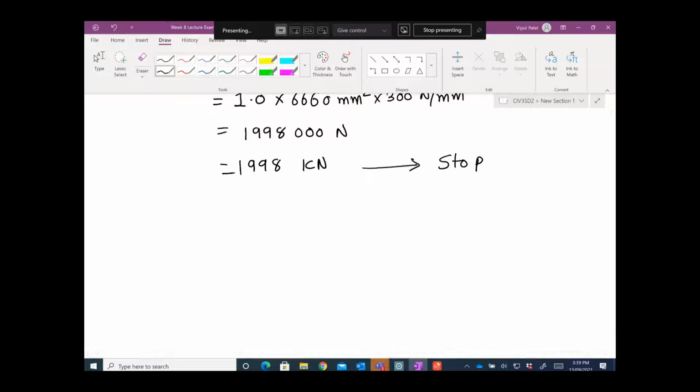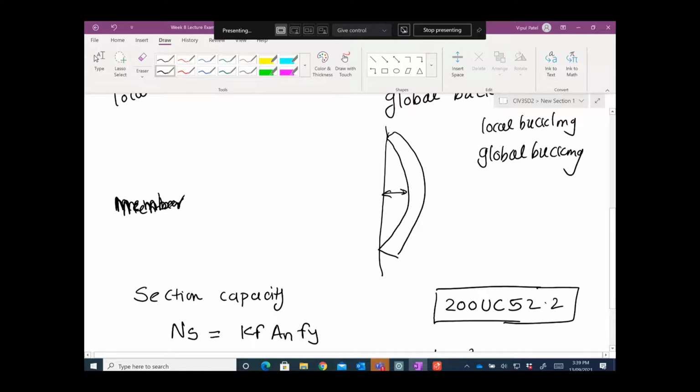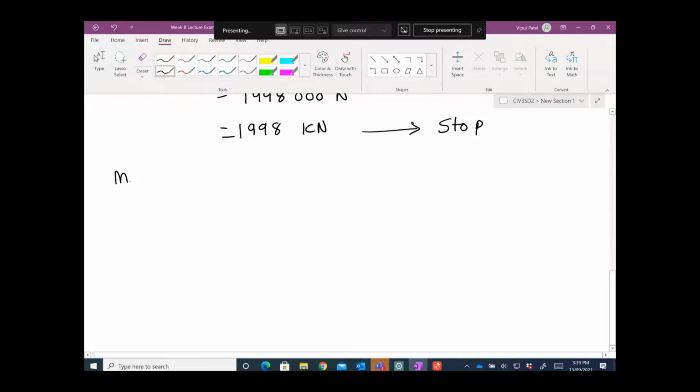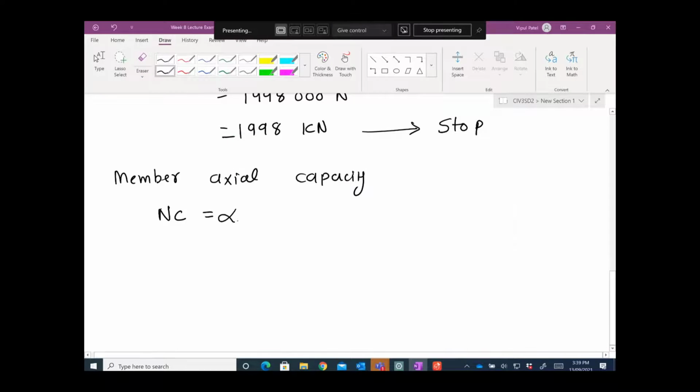Okay, member axial capacity is represented by Nc, and that is coming from here, Nc, alpha c, Ns, and we know alpha c is called the member slenderness reduction factor.